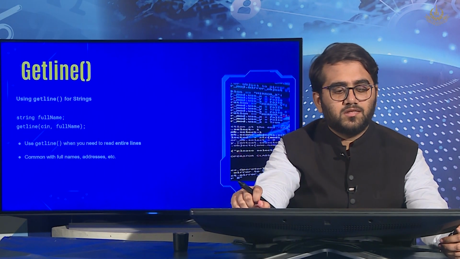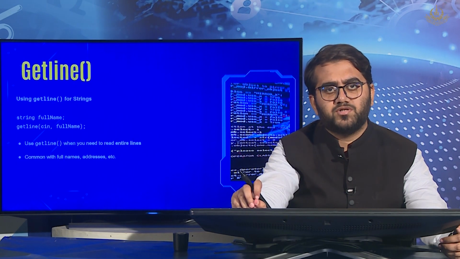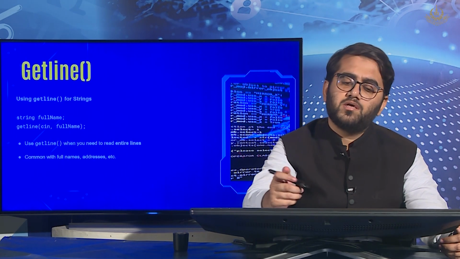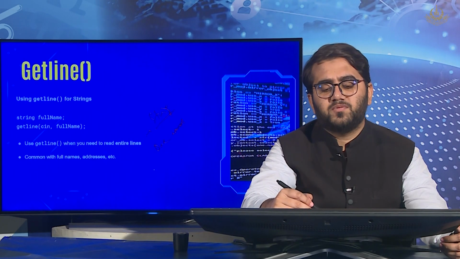Okay, so getline is a function by which you can get a string. Usually when we say strings, and I have also taught a lecture on it, strings may also mean one word, or they may also mean a complete sentence.